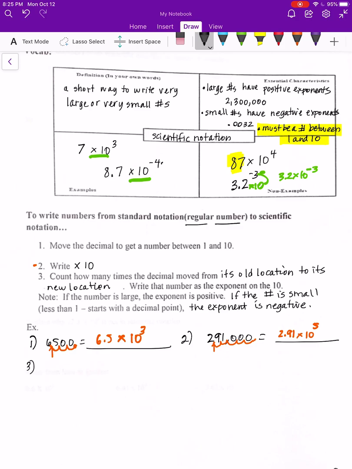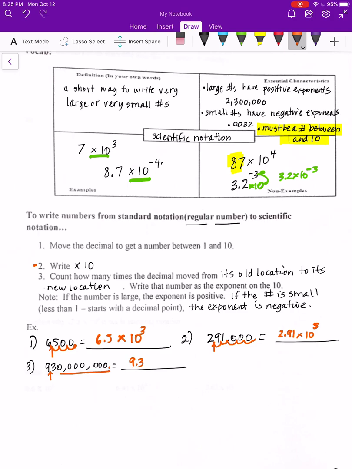So I am talking 930 million. 930,000,000. So if you can't see your decimal, it's always at the end. Right there it is. And you're going to get a number between 1 and 10. So that would be 9.3.